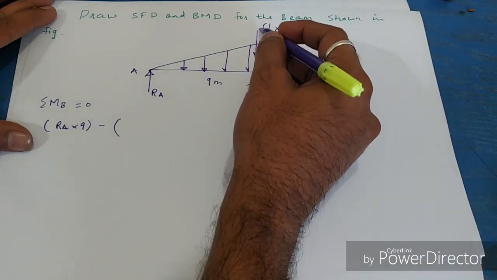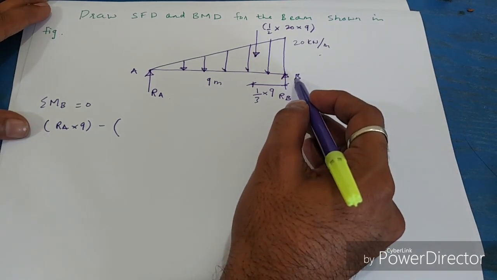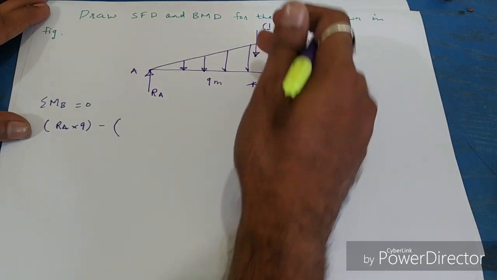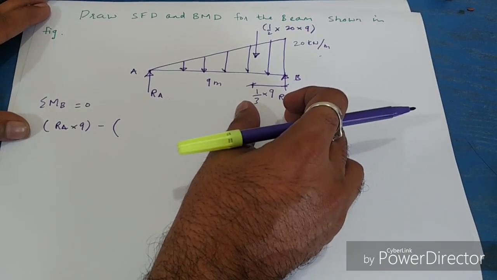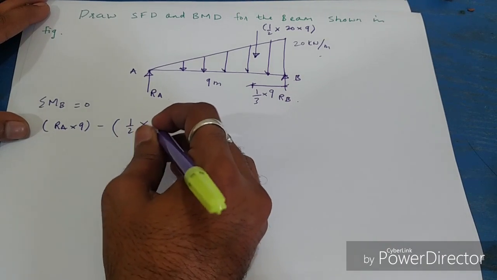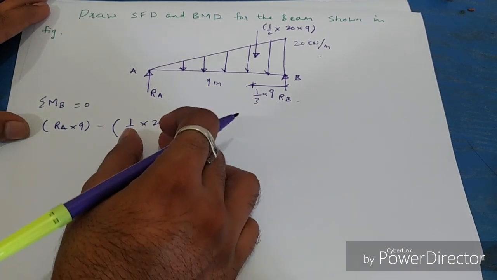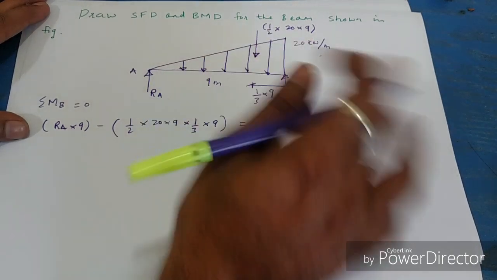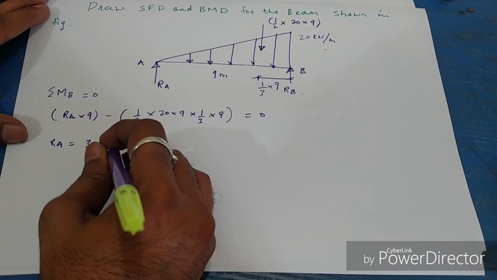This is downward, and we are calculating bending moment with respect to point B, so this load will create an anti-clockwise moment, with perpendicular distance 1/3 into 9. So minus half into 20 into 9 into 1/3 into 9. You don't have any load other than this. So you will get RA equal to 30 kilonewton.